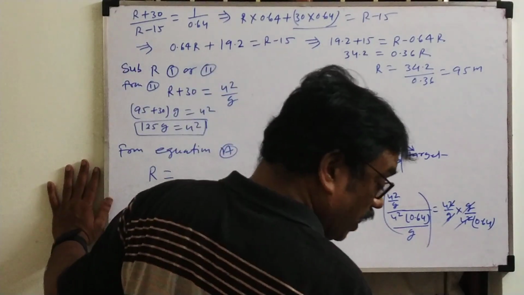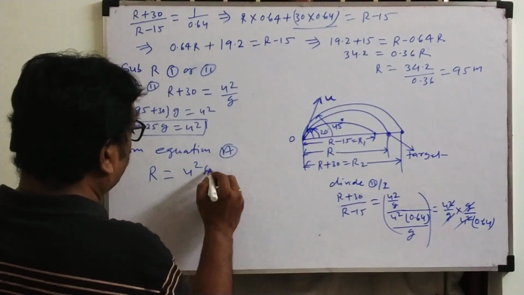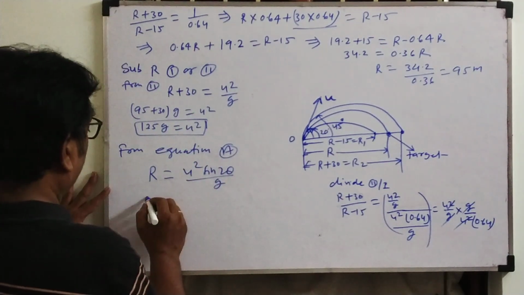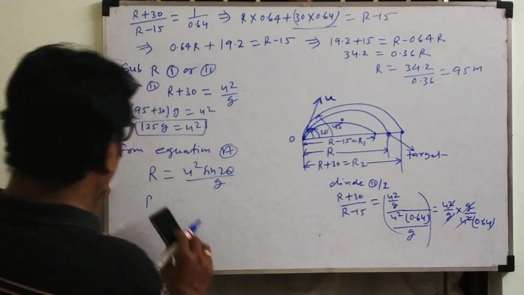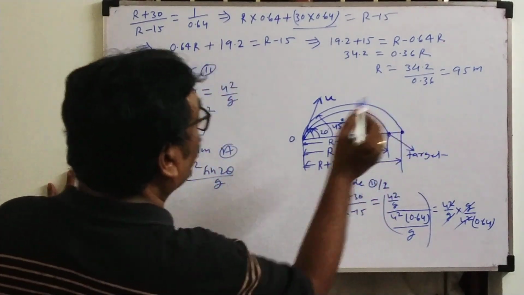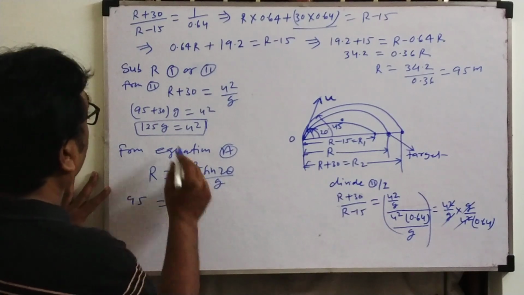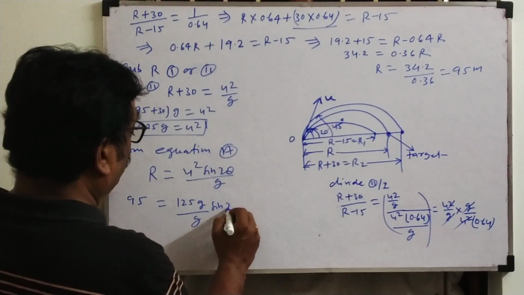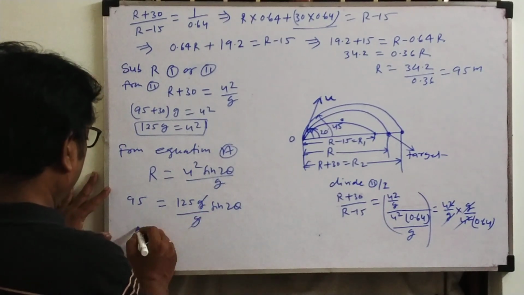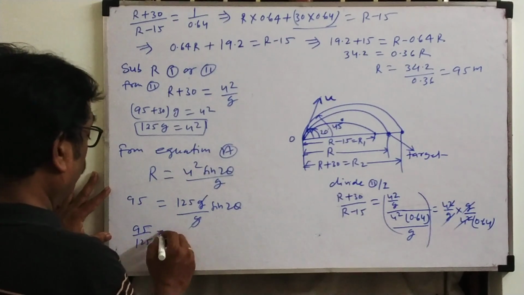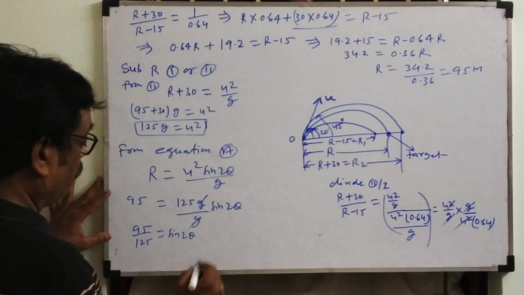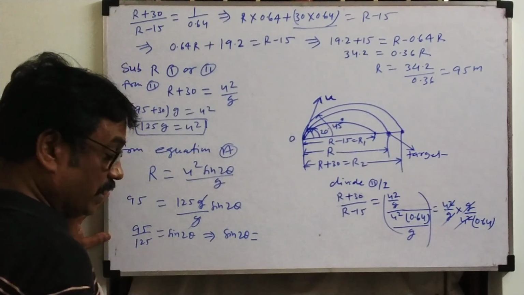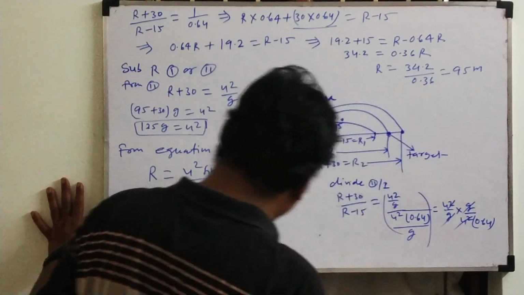R is equal to the range formula, U square sine 2 theta by G. So substitute R and U square. R we got is 95. So 95 is equal to 125 G by G times sine 2 theta. So G gets cancelled. 95 by 125 is equal to sine 2 theta. That implies sine 2 theta is 95 by 125, which is 0.76.